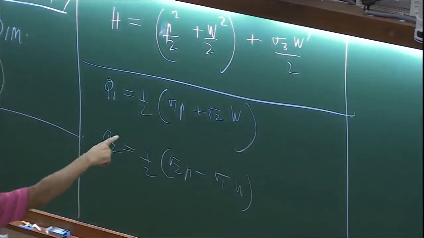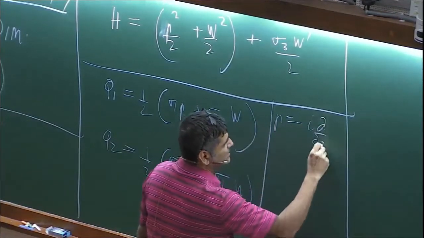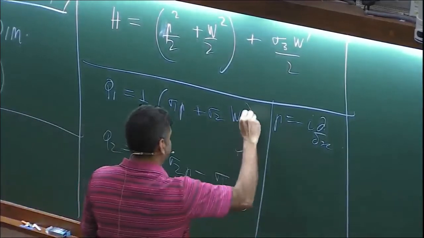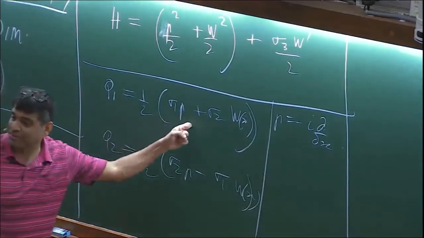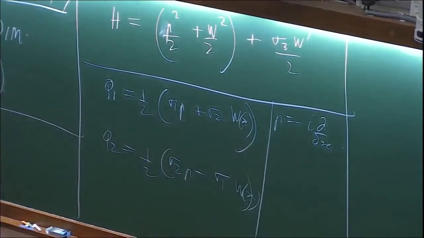P is the usual operator, so P is equal to minus i d/dx. And here W is a function of x. So P is the usual operator on wave functions of the Hilbert space, and W is just a multiplicative operator in the x basis, the usual kind of thing that we study all the time in Schiff.